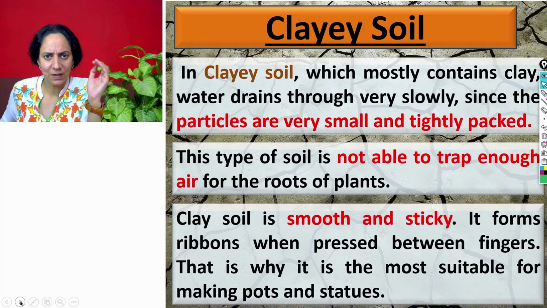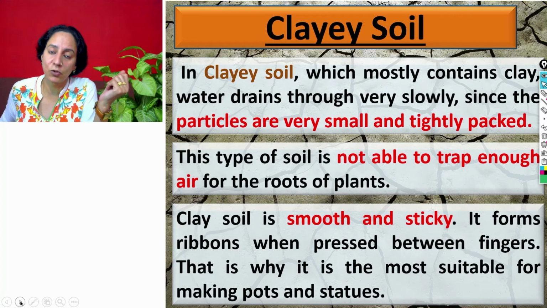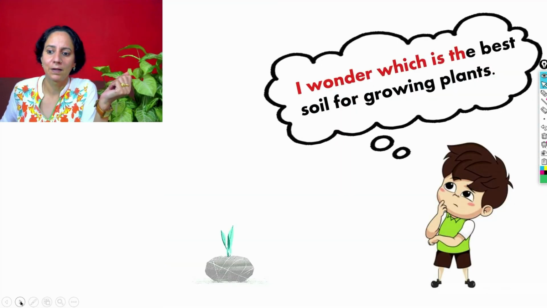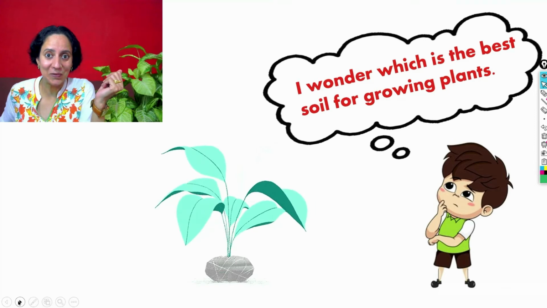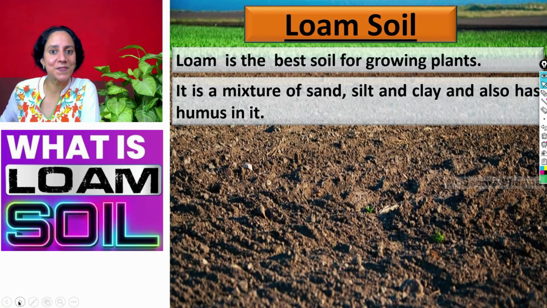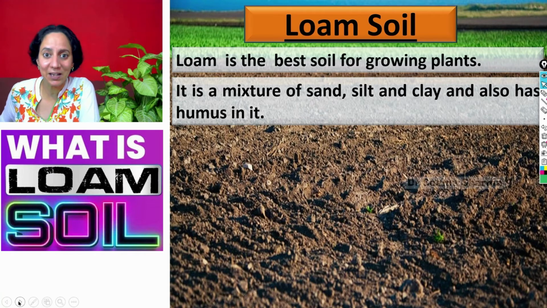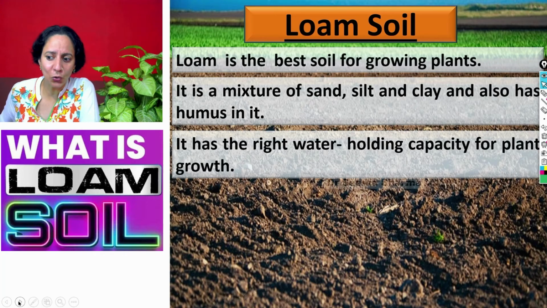Now the question is, which type of soil is best suited for growing crops? You must be wondering this. We have that type of soil too, and it's loam soil. Loam is the best soil for growing plants. Loam is a mixture of sand, silt and clay, and it also has humus. It has the right kind of water holding capacity for the growth of plants.